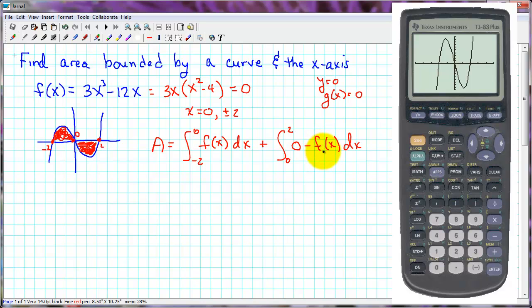Now we talked about a shortcut in the last tutorial that when some of the areas are below the x-axis and some above the x-axis, we can use our absolute value function to flip everything so that it's above the x-axis. So an alternative way of writing this would be to go from negative 2 to positive 2 of the absolute value of f of x.